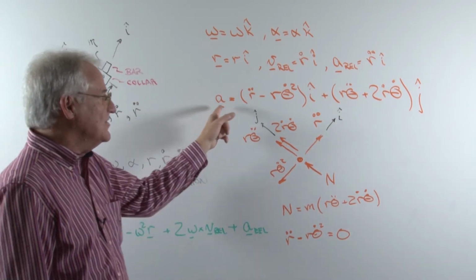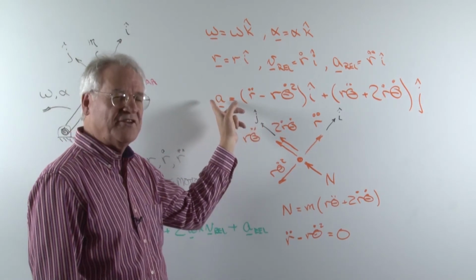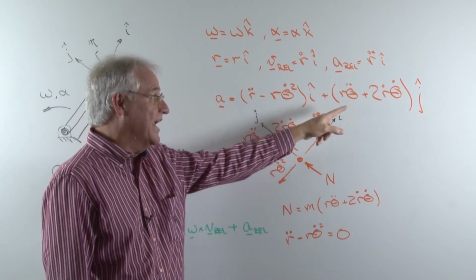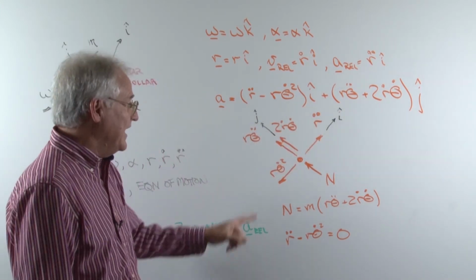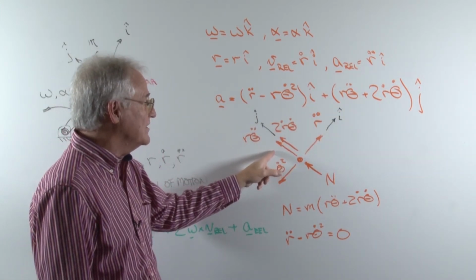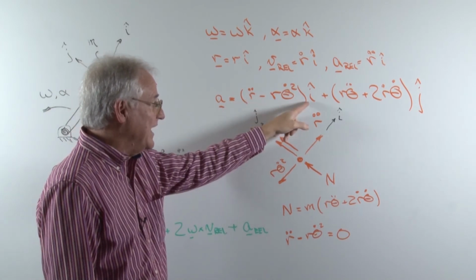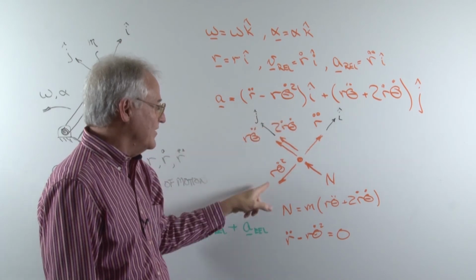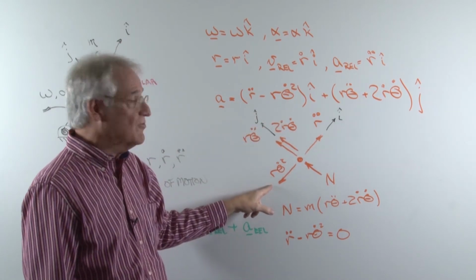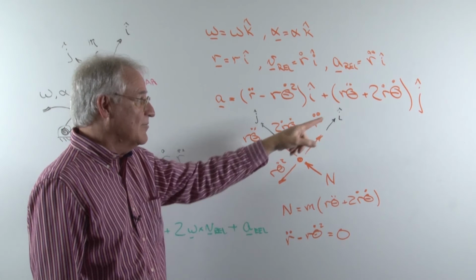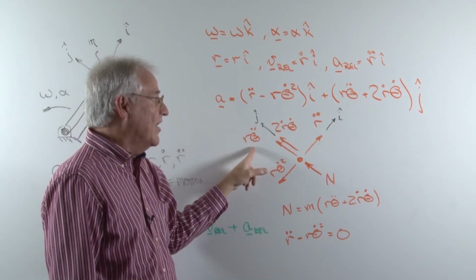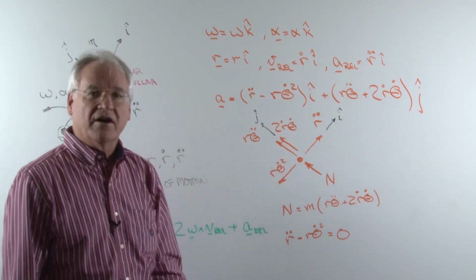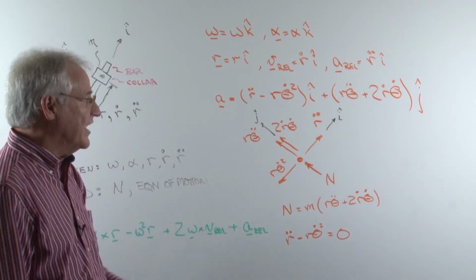This is the acceleration of that point in the i hat direction and in the j hat direction, and I've drawn these components. In the i hat direction, r double dot points in that direction, r theta dot squared in the opposite direction. Similarly in the j hat direction, r theta double dot and 2 r dot theta dot point in the plus j hat direction as well.